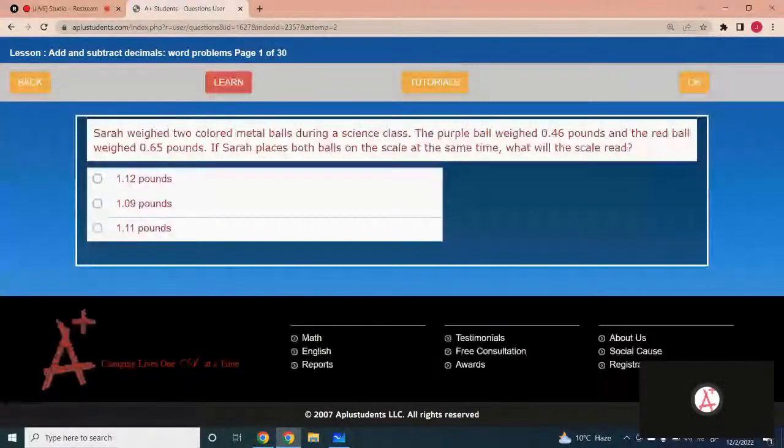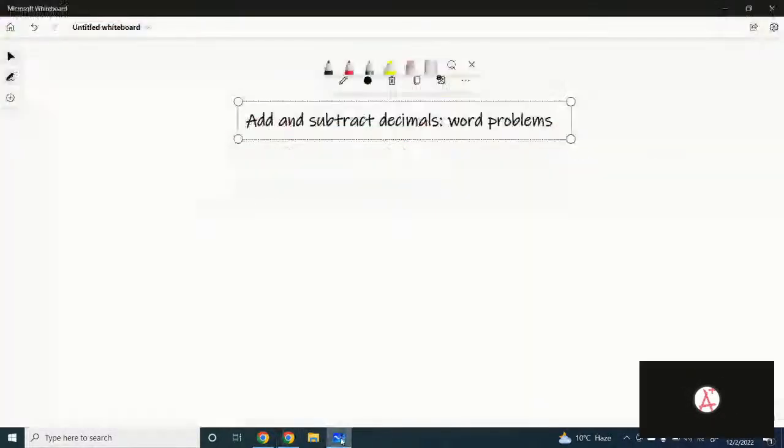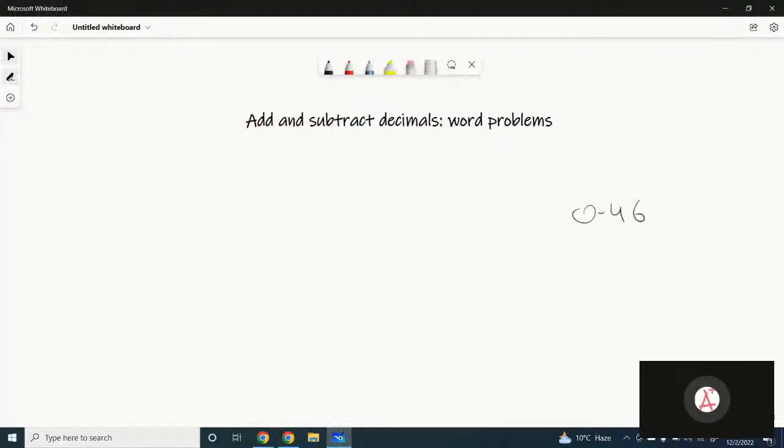So you have to add 0.46 and 0.65. Got it? Just add them.